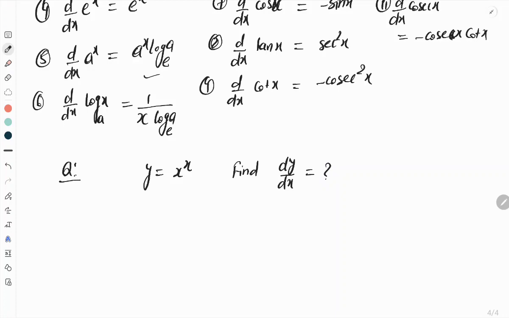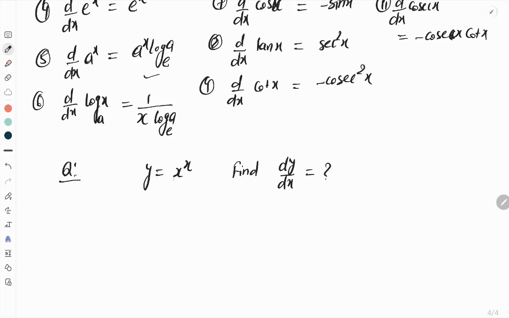Here x is a function and the power x is also a function, the same function, no problem. You can write 2x if you want, x power 2x. I am saying find dy by dx, means differentiation of y with respect to x.